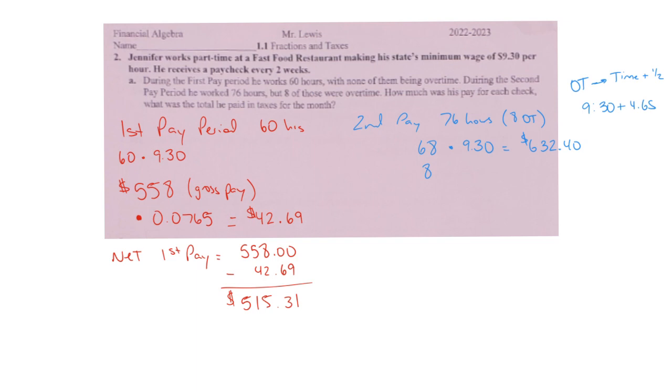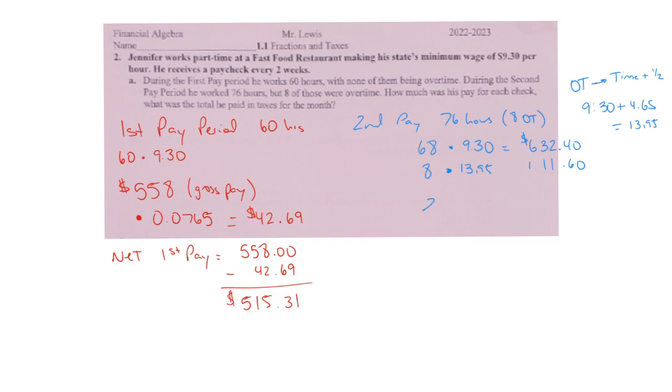So his OT is going to be $13.95. So he's going to have 8 hours where he's making $13.95. So times that by the 8 hours. So for his OT hours, he's going to have $111.60. So I'm going to add that to the $632.40.